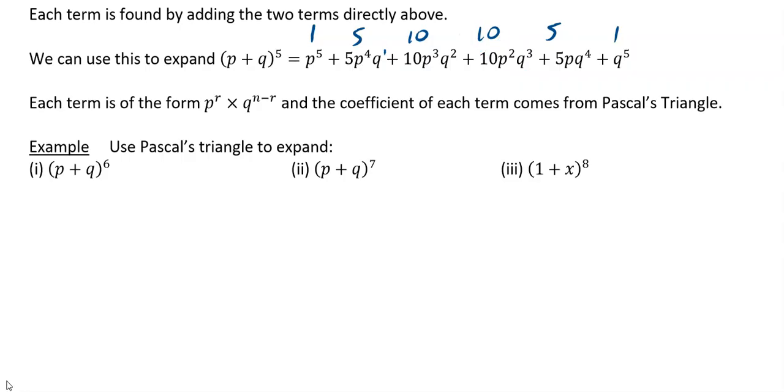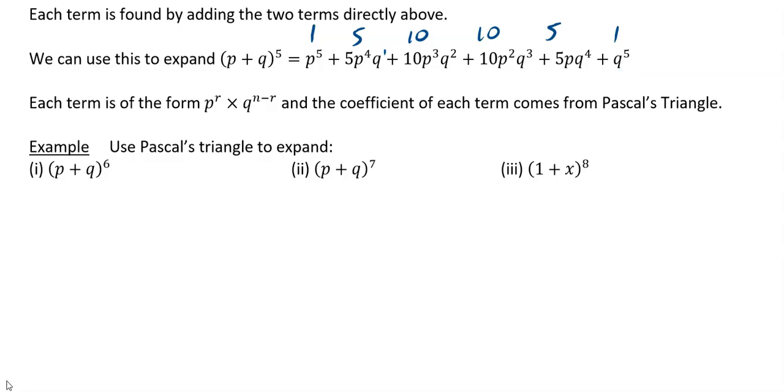And your next term, it's a 5. And then that's going to be p, because the p term goes down by 1. And your q term goes up by 1, so it goes up to q to the power 4, sorry. Your last term, the coefficient is 1. So you could have a 1 in here, so it's 1 times p to the power of 0, which just is 1. And your q term goes up by 1, so it's q to the power of 5.